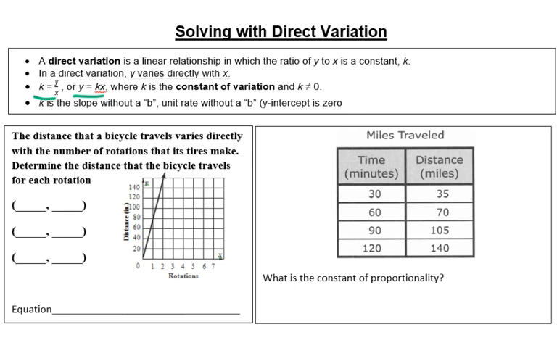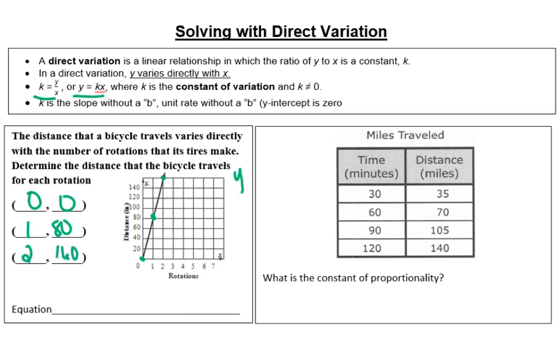Our first example is a graph. It says the distance that a bicycle travels varies directly with the number of rotations that its tires make. Determine the distance that the bicycle travels for each rotation. What you want to do is get pretty points off your graph. One pretty point is at 0,0. Another is at 1,80. And one way up at the top is 2,160.